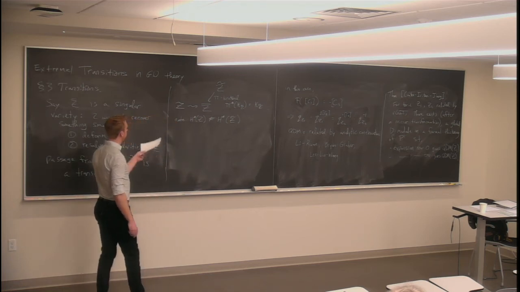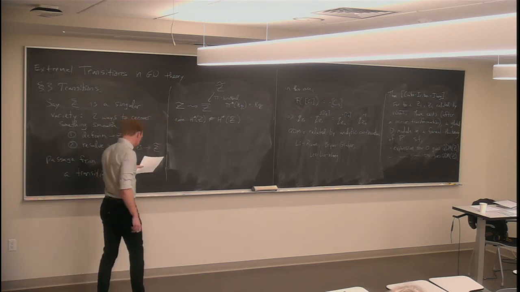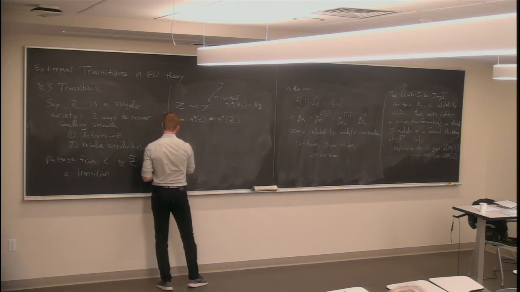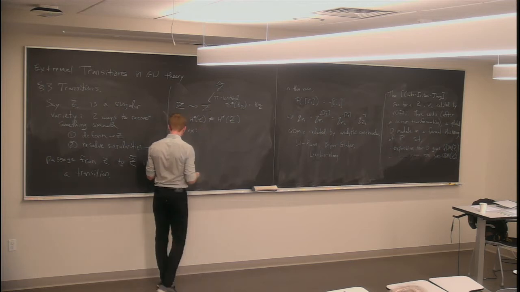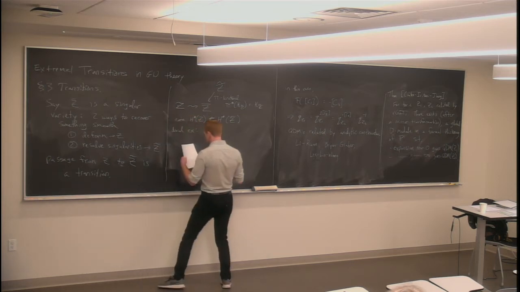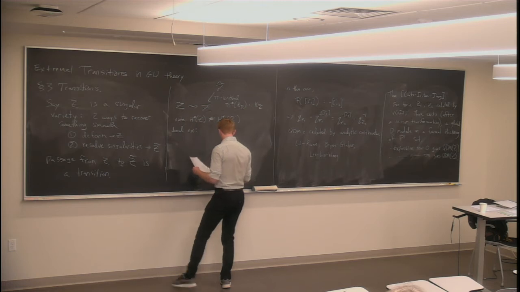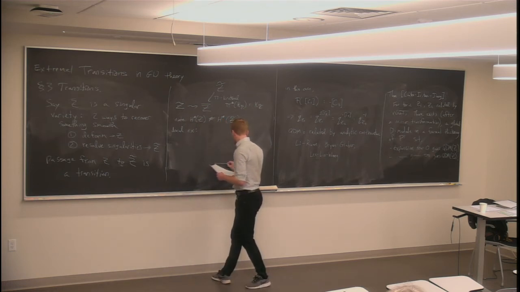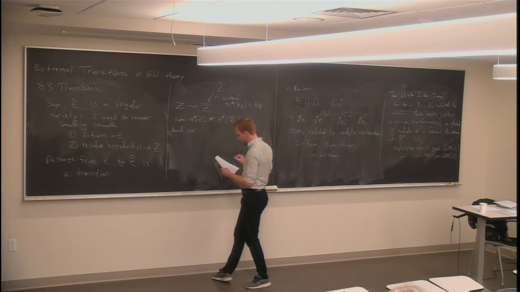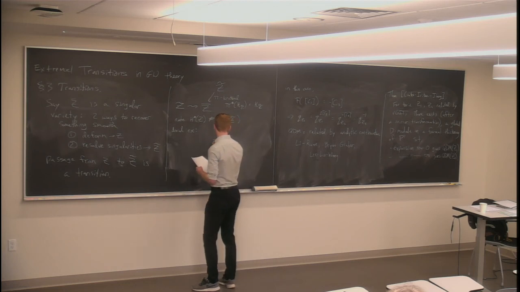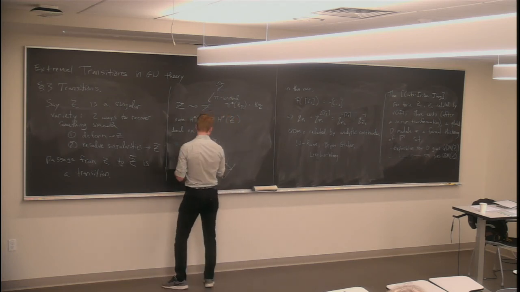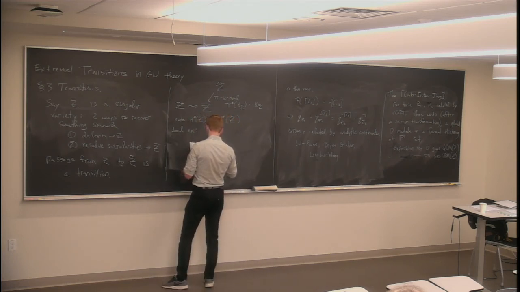Let me just give you a local example of this to have in mind. So the singular one is the toric variety defined by this fan. And this looks like xy minus w equals 0.